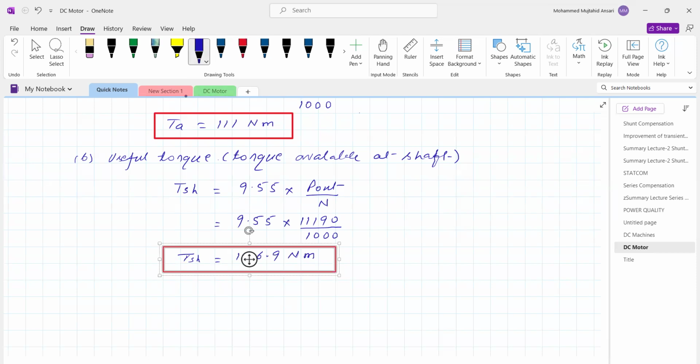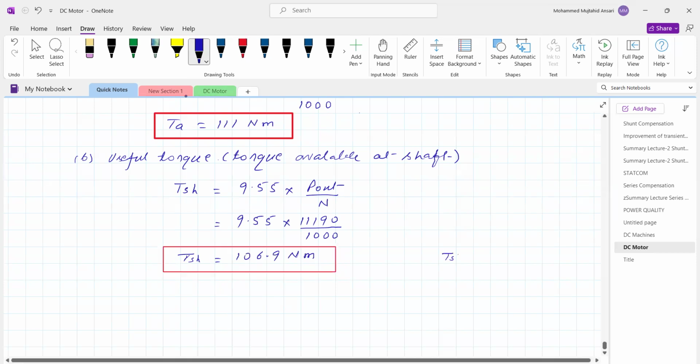If you take the difference of these two, it is nothing but the torque lost in the mechanical system. So TA minus TSH is nothing but the torque loss.